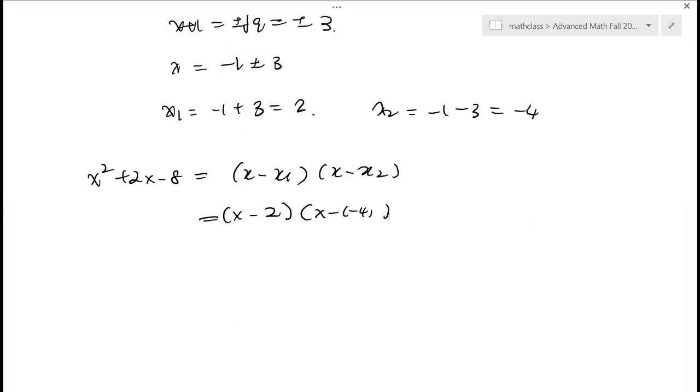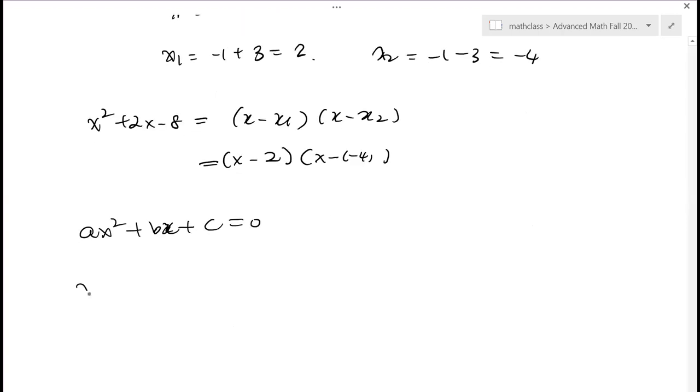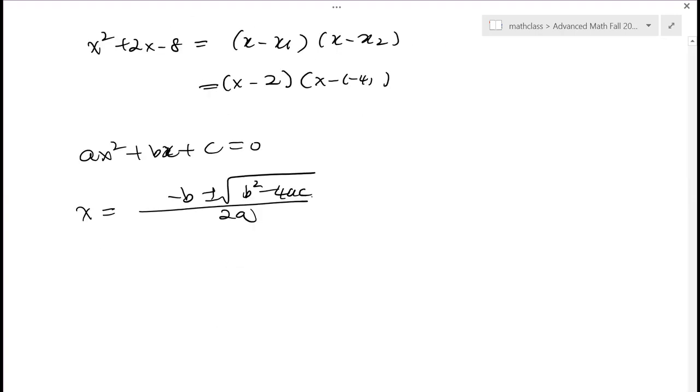All right, so let's go back to the quadratic formula again. Let's understand this. We have two solutions, right? x is going to be negative b plus or minus the square root of b squared minus 4ac, over 2a. As you can see, if b squared minus 4ac is negative, then it does not have real solutions.